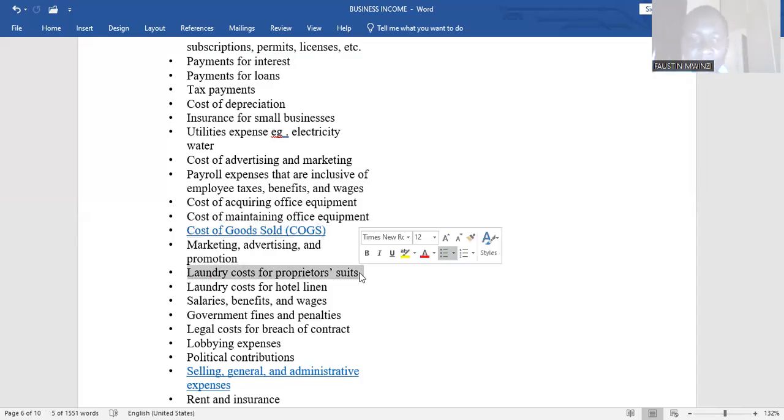Is it allowable? For the proprietor? No. But for the linen, the ones that you find on the table of the kitchen of the hotel, they have to go for laundry. Is that allowable? Yes, it is.